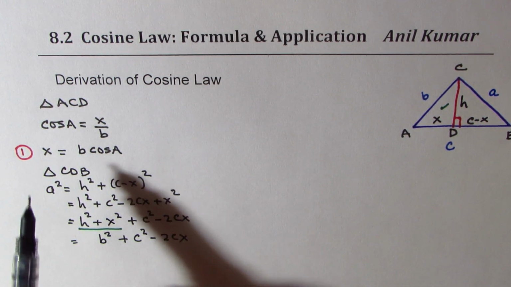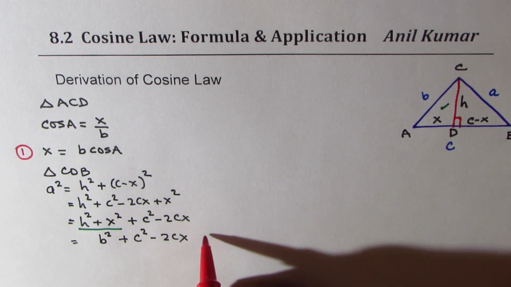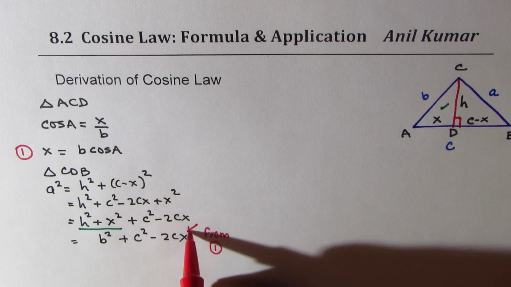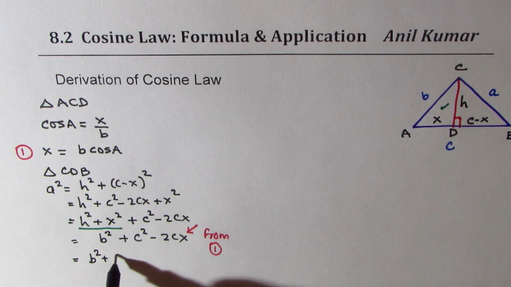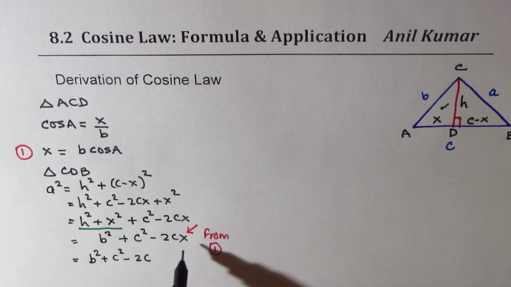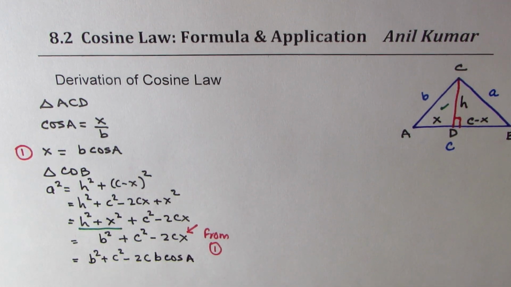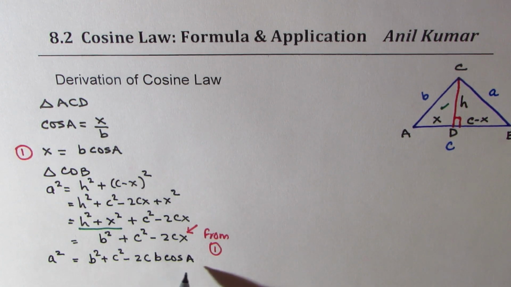Now, in this equation, I can substitute x as b cos A, right? That means from 1, we'll substitute the value of x. So in that case, what I get here is b square plus c square minus 2c, and x is b cos A. So that gives you a relation which is the side a square is equal to b square plus c square minus 2cb cos A, right?